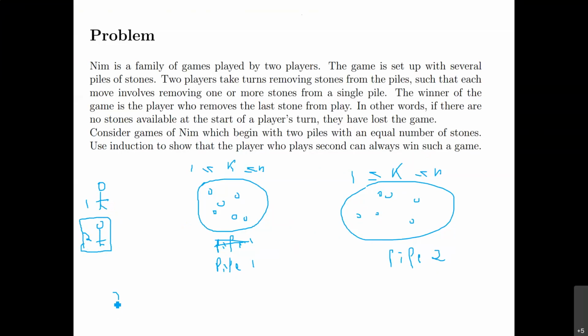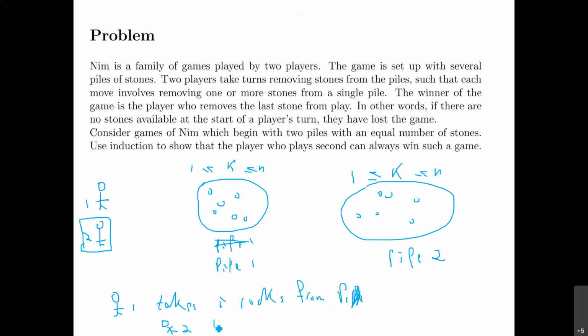If player 1 takes i rocks from one of the piles, like pile 1 or pile 2, let's say pile 1 without loss of generality, then what does player 2 do?